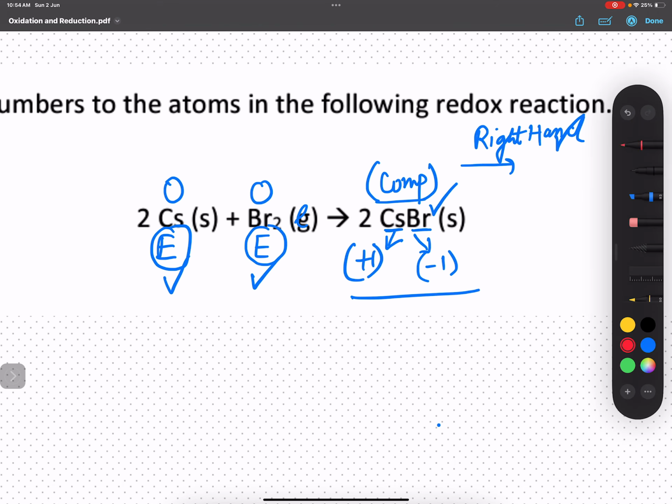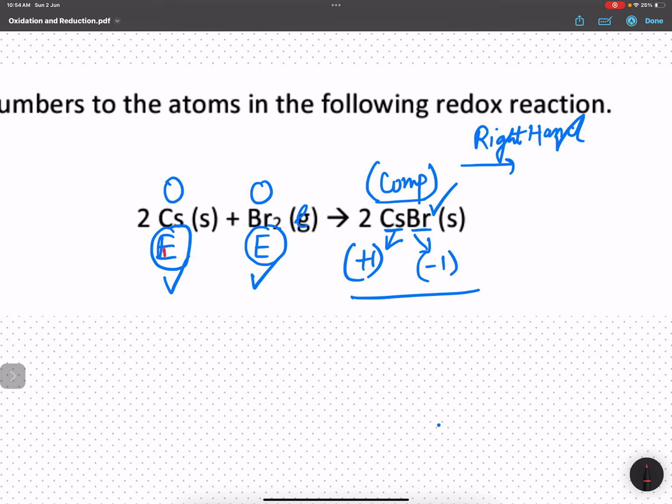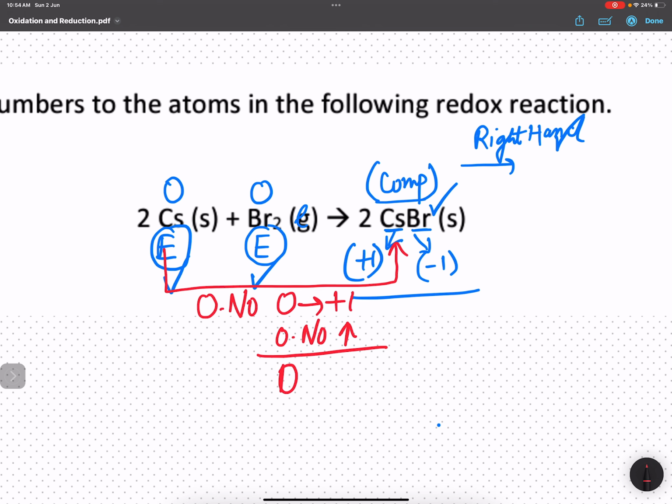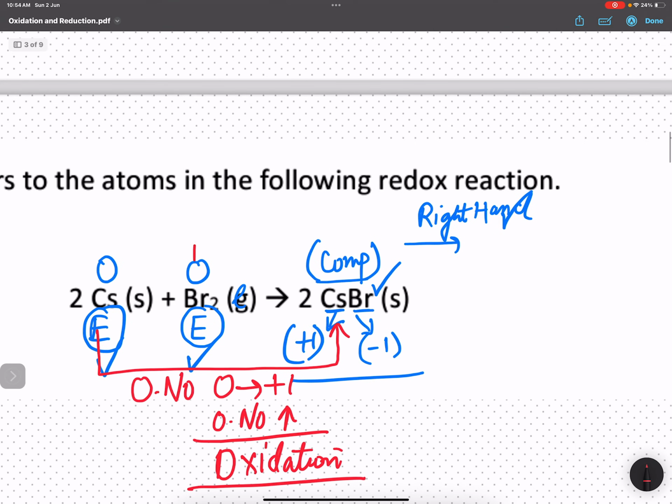As you can find the oxidation numbers, you can see the cesium oxidation number has changed from 0 to +1. So the oxidation number has increased. Whenever oxidation number increases, that's called oxidation. Look at the bromine. The oxidation number has changed from 0 to -1.